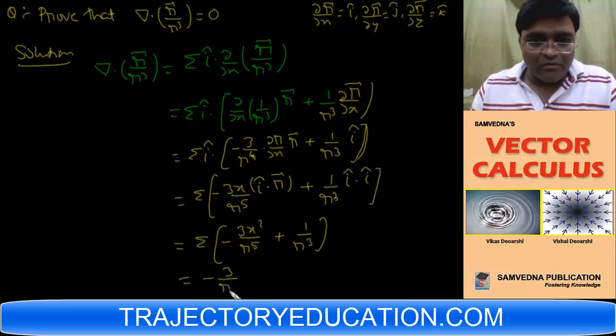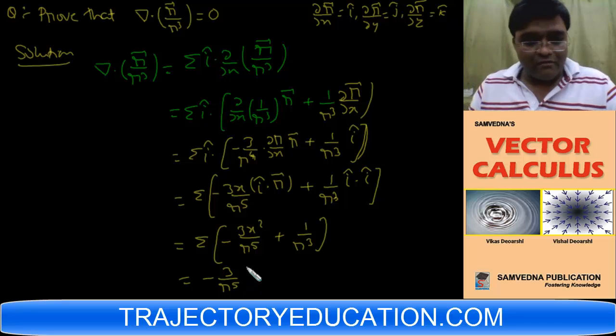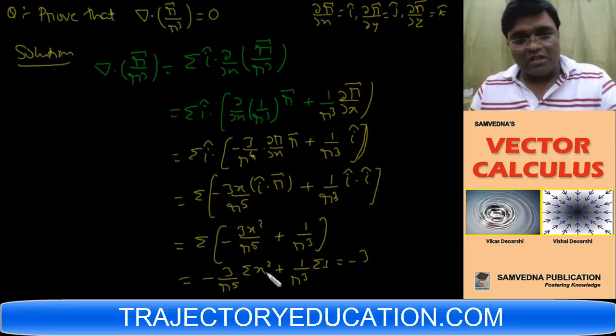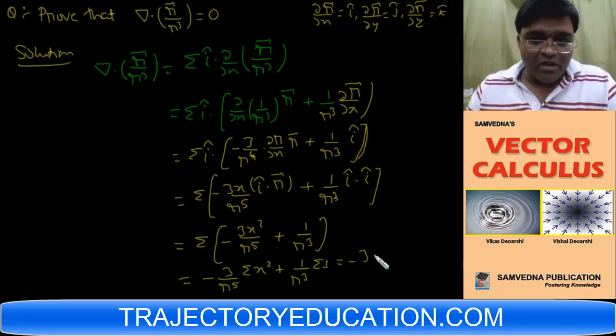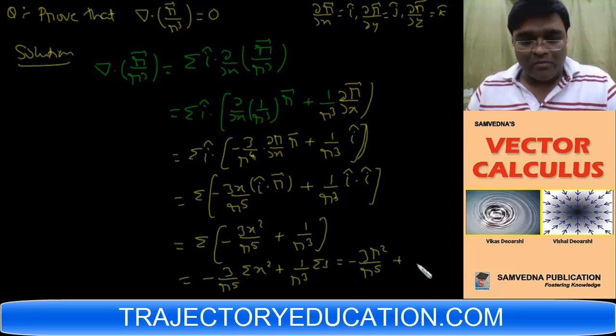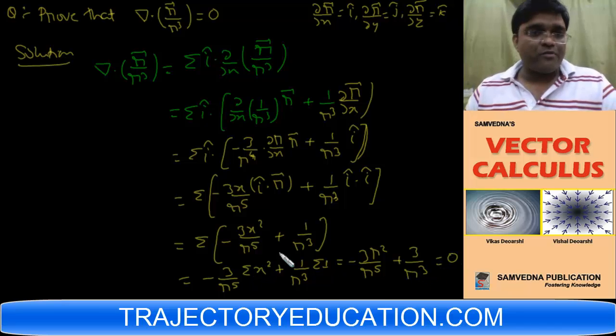So this gives you minus 3 upon r to the 5 sigma x square, plus 1 upon r cube sigma 1. Sigma x square is x square plus y square plus z square, so this will be minus 3r square upon r to the 5, and sigma 1 is 3 upon r cube, which gives 0.